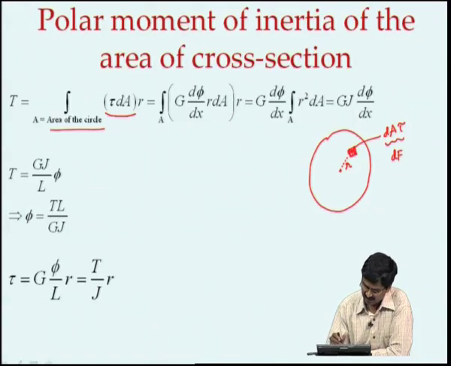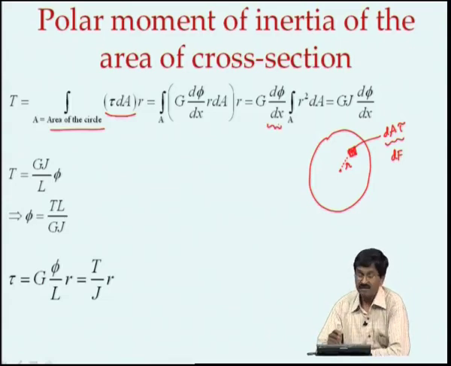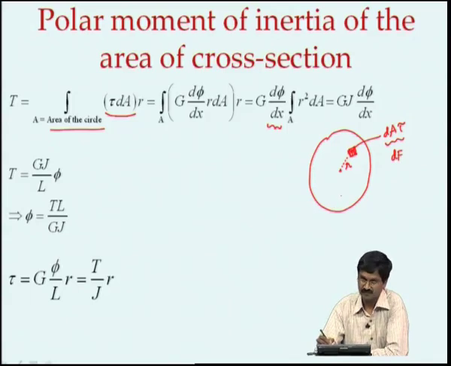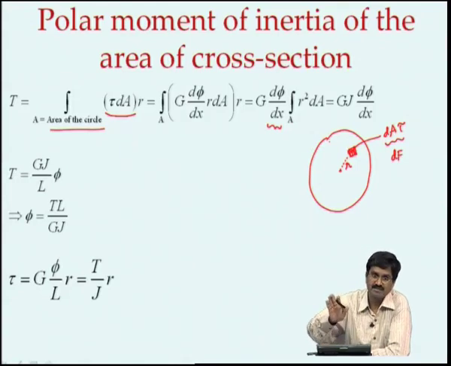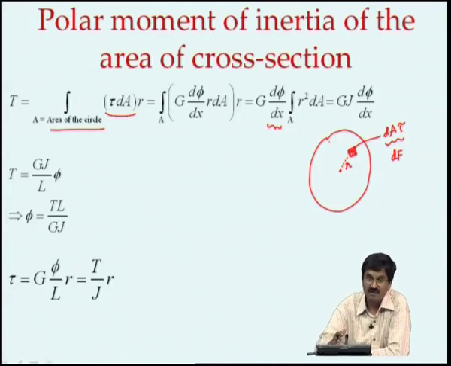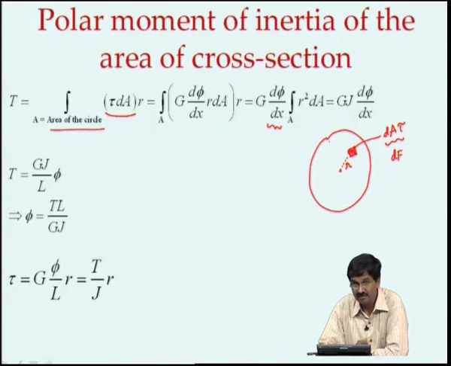When you integrate, you notice that we make an assumption here that d phi by dx does not change over this area of cross section. So, when you take area of cross section everywhere it is the same, that is an assumption that is valid for circular cross sections, because all the twisting happens in the same place by the same amount, it does not change within the area of cross section. That is not true for other cross sections, as we will mention later.